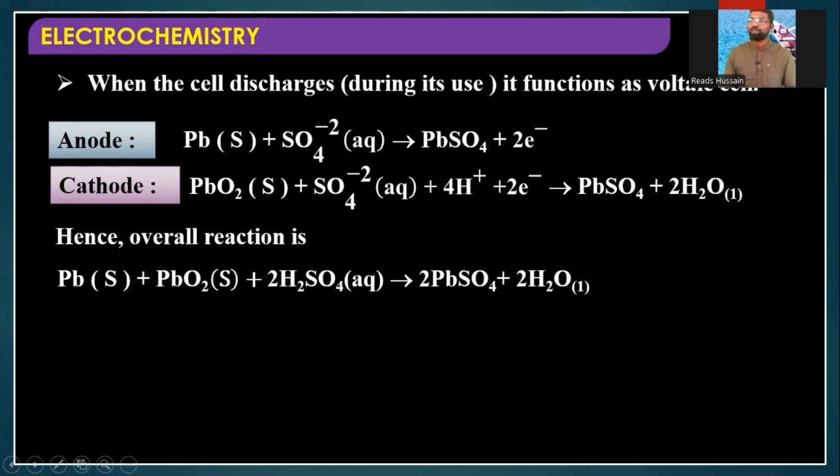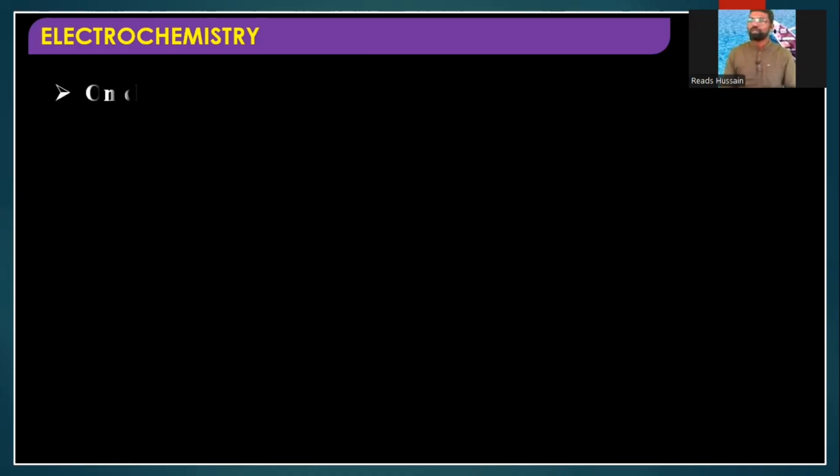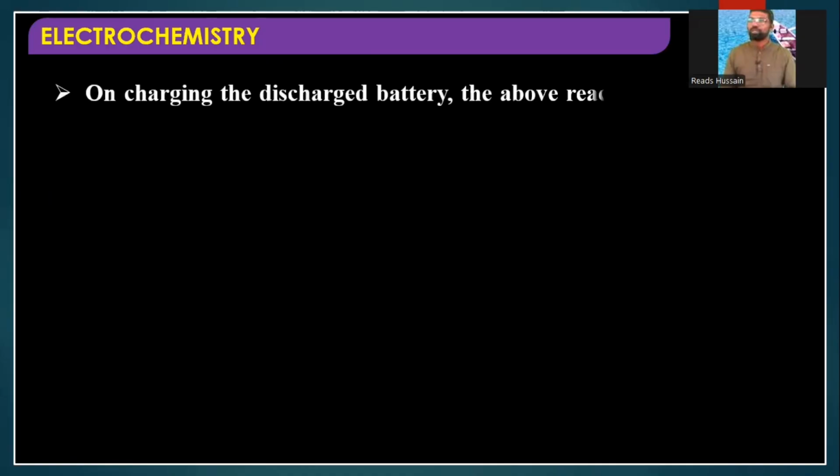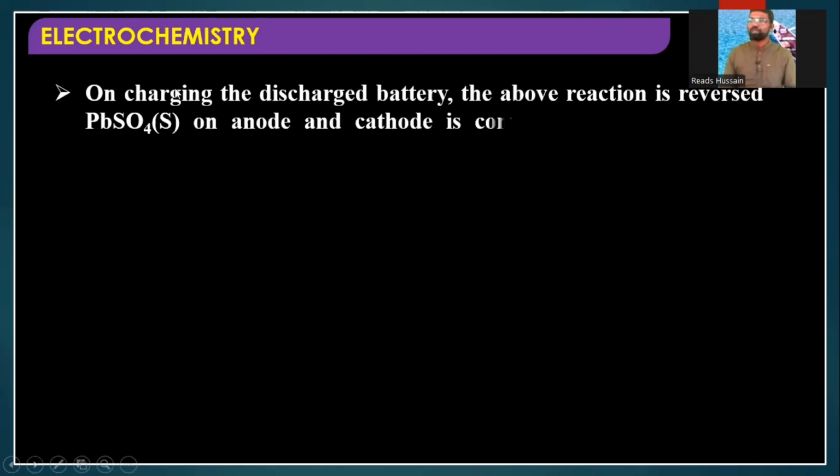Next, once the cell is discharging and it has lost almost all of its charge, then what you do, again we charge the battery. On charging the discharged battery, the above reaction is reversed. Whatever reaction we have seen in the previous slide, the reverse reaction takes place when we are charging the battery.